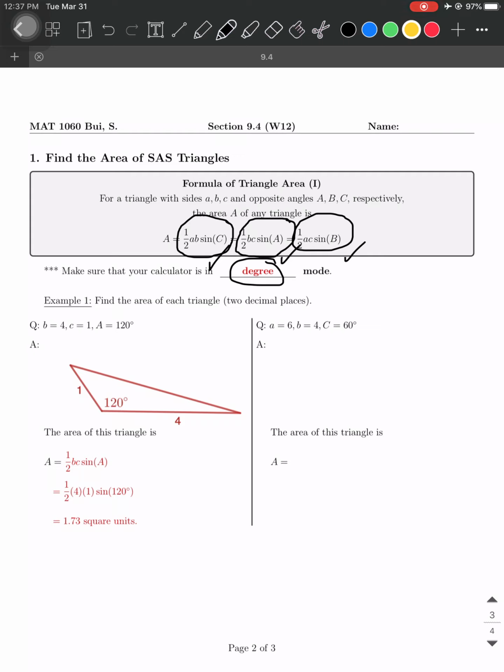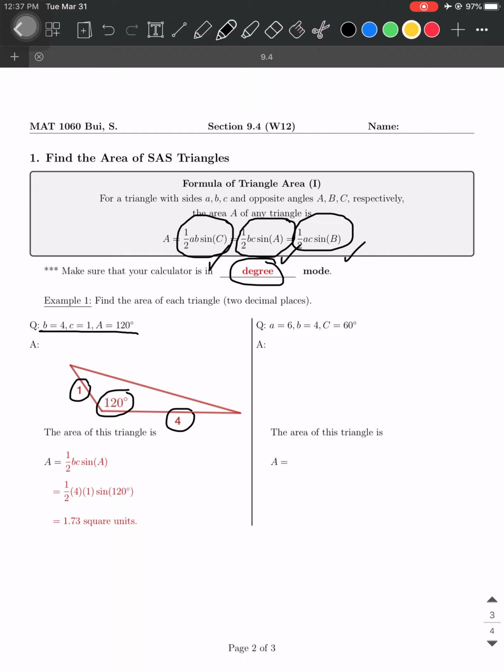Okay, so let's talk about the first example in here where we have side B, side C, and angle A, right? So I'm going to go ahead and draw a triangle like this, and after that I annotate it. And notice that in here our angle A is 120, which is bigger than 90, right? So if you draw the triangle, make sure it's slightly bigger than 90. Make sure it looks like an obtuse triangle.